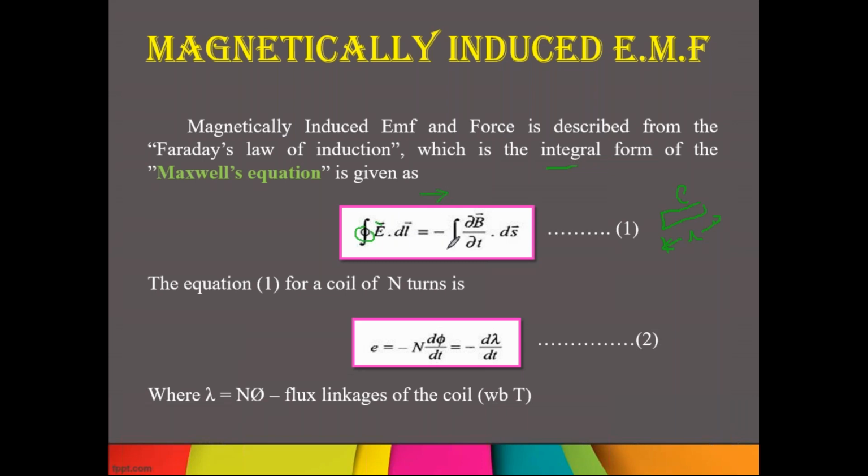What is the indication of this type of symbol in the parameter? What is the representation of E bar? That is the vector parameter of E. What is the meaning of this? Do you know the difference between vector quantities and scalar quantities?